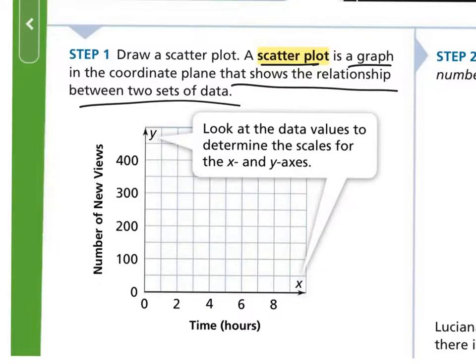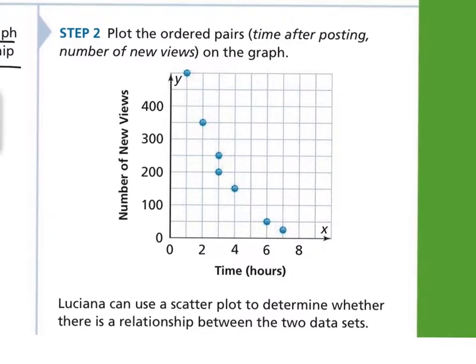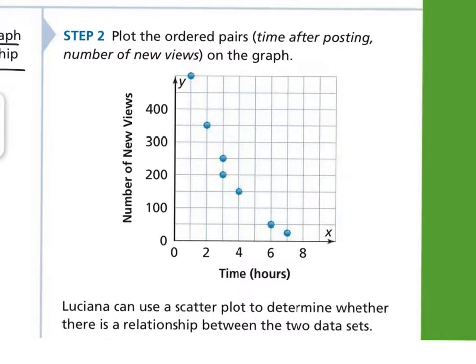Okay, so once we have this set up, if you'll notice, they made labels. X-axis is the time in hours, Y-axis is the number of new views, and then they graphed these points: time after posting and number of new views. Okay, so if you look at this, we can kind of see a pattern here.